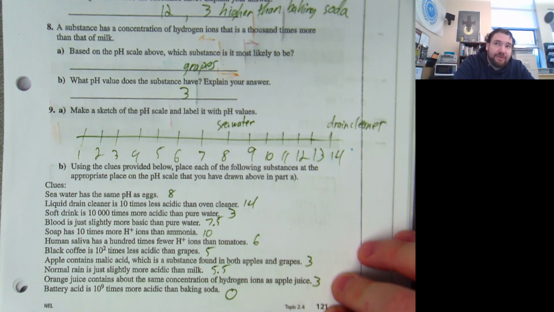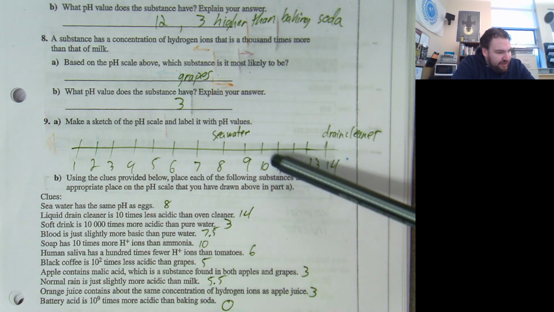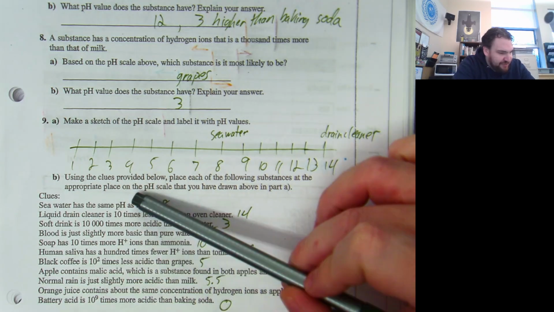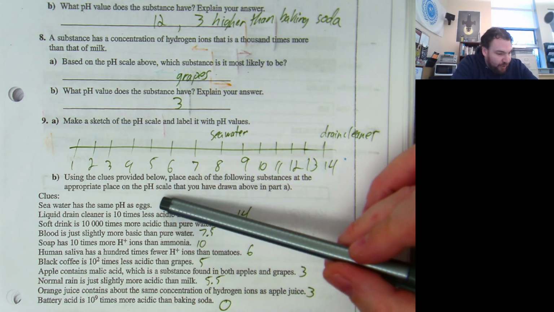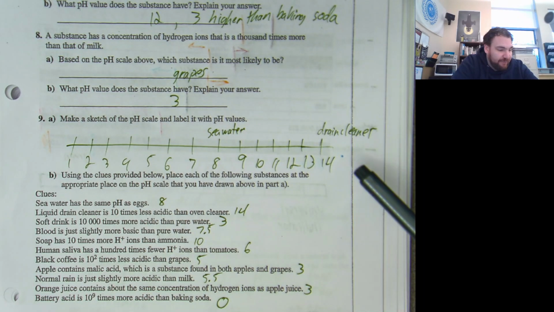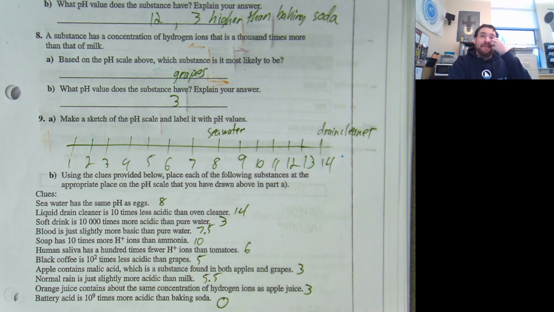And then the question down here at the bottom is, rather than labeling it all on the pH scale, cramming all of these answers in on this little line here, I just wrote down, based on the clue, the approximate pH value for each of these clues. So seawater would be, if it's the same as egg, seawater would be an 8, which means seawater is slightly basic.